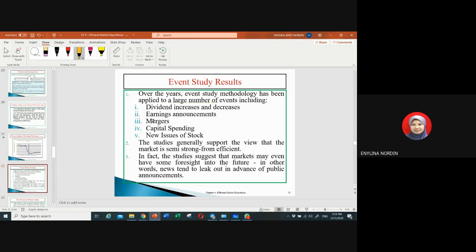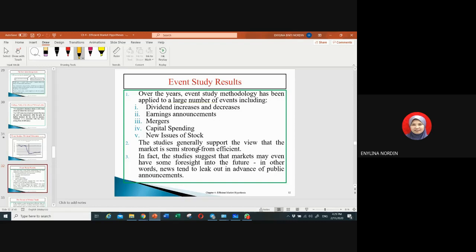Mergers, when companies announce a merger with or takeover of another company, the stock's price quickly responds to that information. Earnings announcements as well.